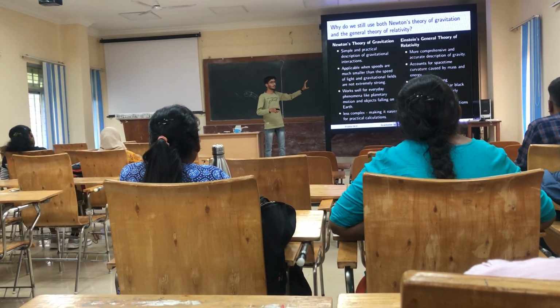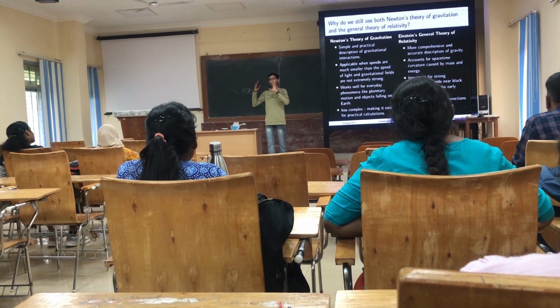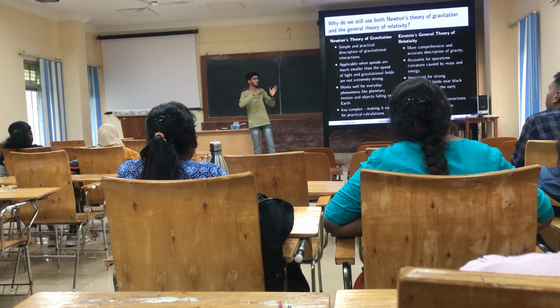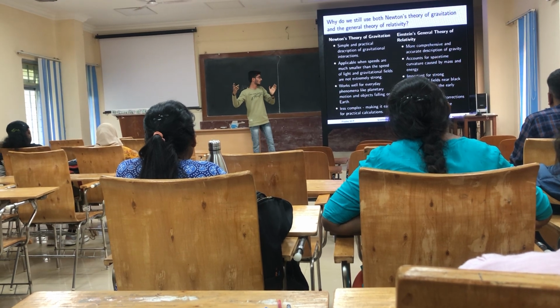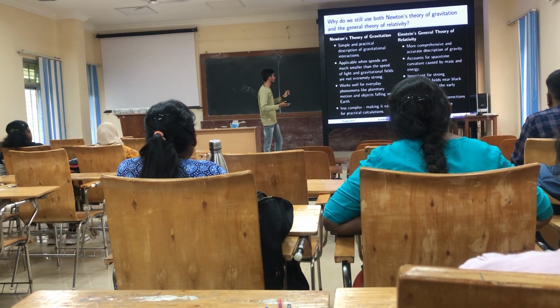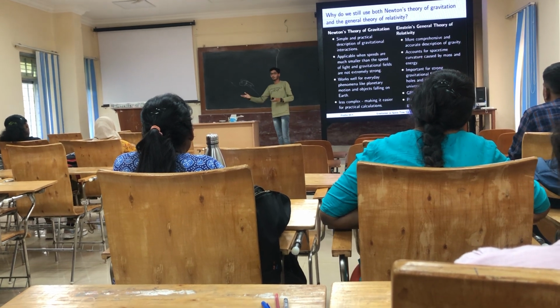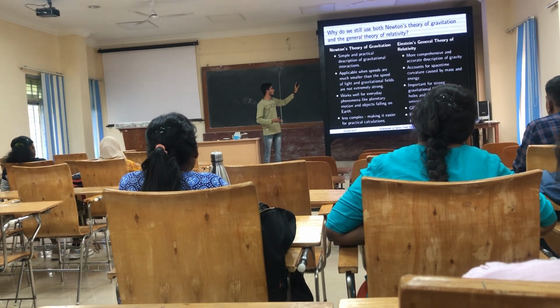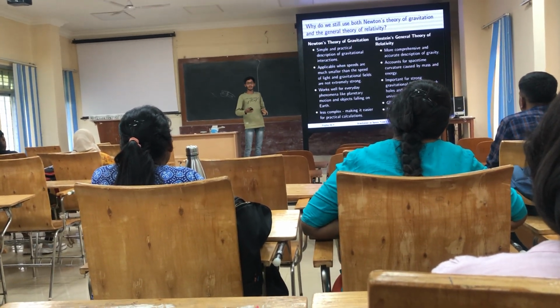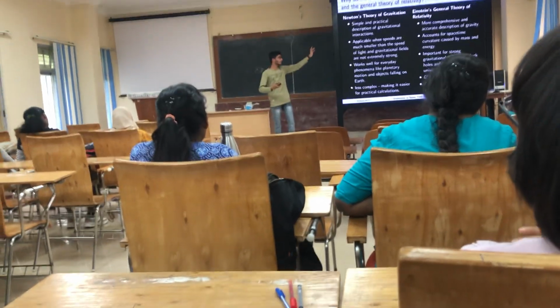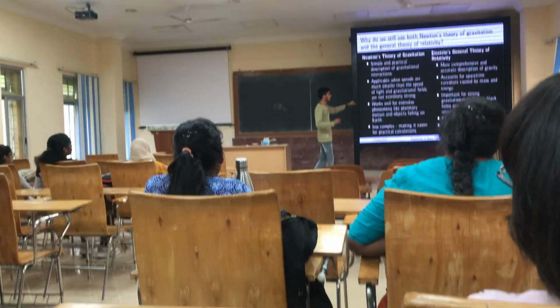As I said, it only fails to explain near black holes, or while explaining the Big Bang theory or expansion of the universe. But for general things like projectile motion, yes, this is enough. So why make life more complicated when we have such a simple equation? So we still use Newton's theory now.